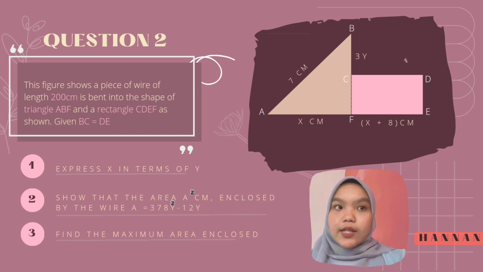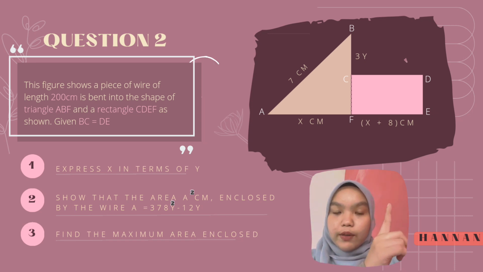So the question is, this figure shows a piece of wire of length 200 cm is bent into the shape of triangle ABF and a rectangle CDEF as shown. So given BC is equal to D. The figure is shown above.